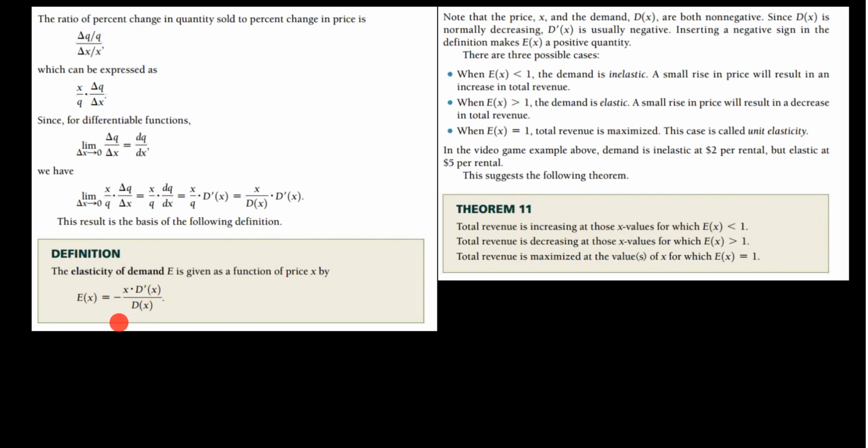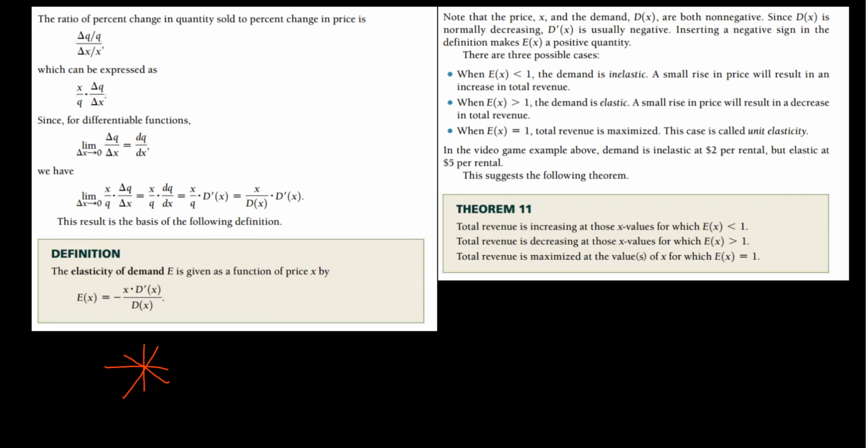Okay, so this is the definition that we need, and this is the one that you need to have memorized and written down, because we're going to be using this quite often.